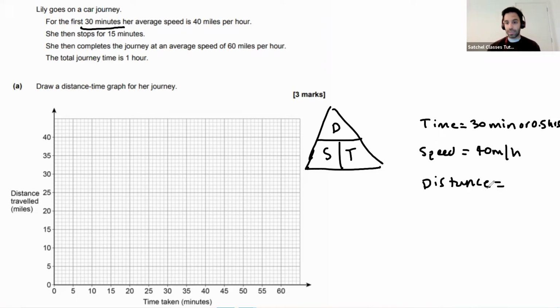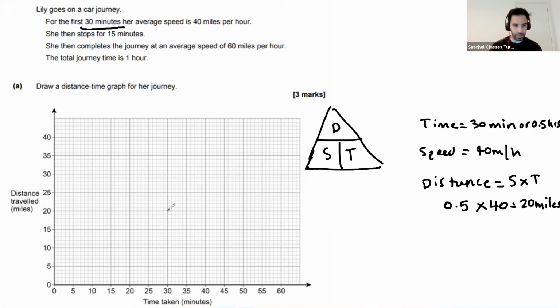So that's 0.5 hours, which is my time, multiplied by the speed, which is 40, giving us a total distance of 20 miles. Therefore, in the first 30 minutes, Lily would have traveled 20 miles.